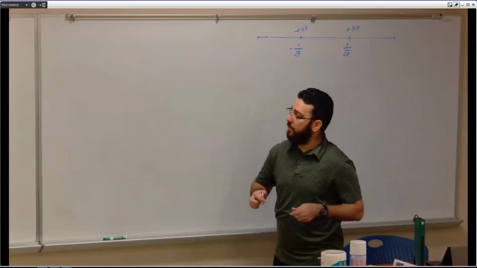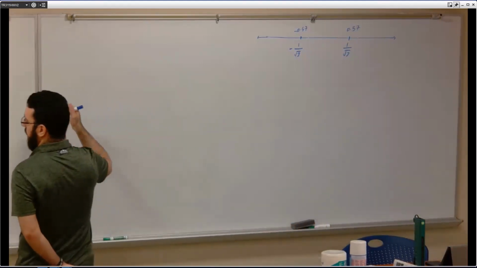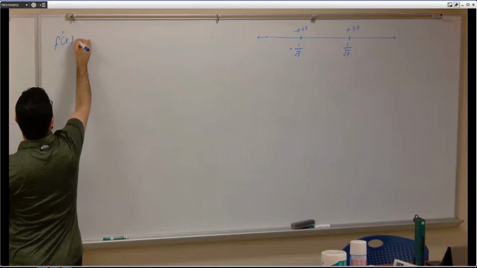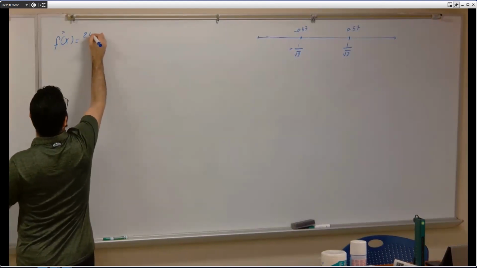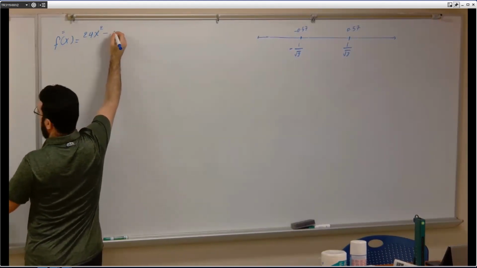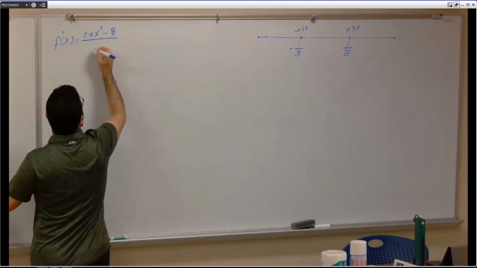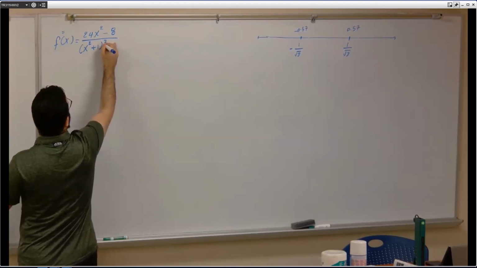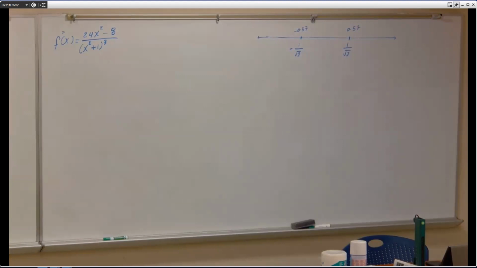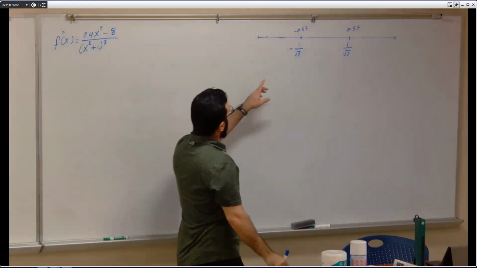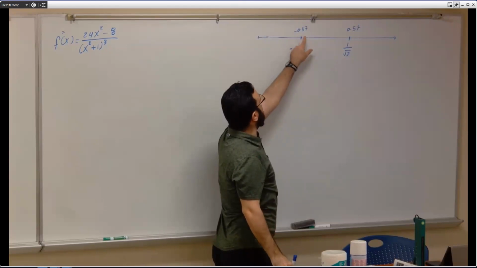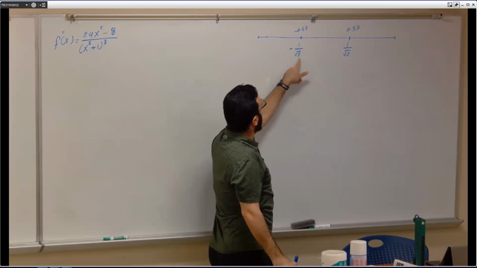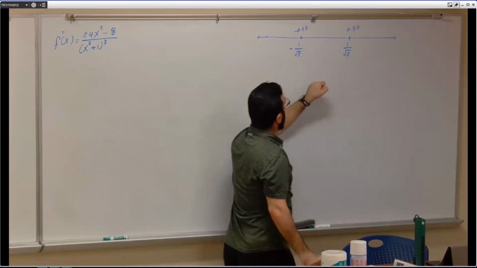Our second derivative here: f double prime of x is going to be equal to 24 x squared minus 8, everything over x squared plus 1 cubed. So here's our second derivative. The main thing is I compare this number to a decimal, so I can know what numbers to choose between -1 over square root of 3 and 1 over square root of 3.